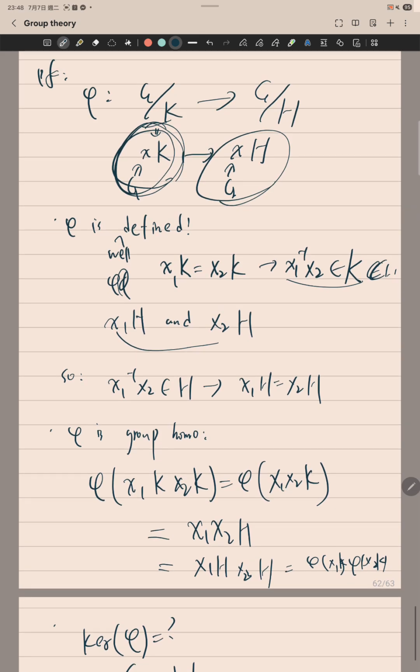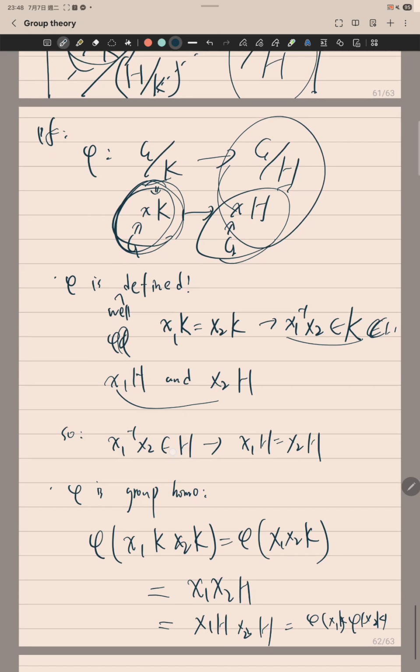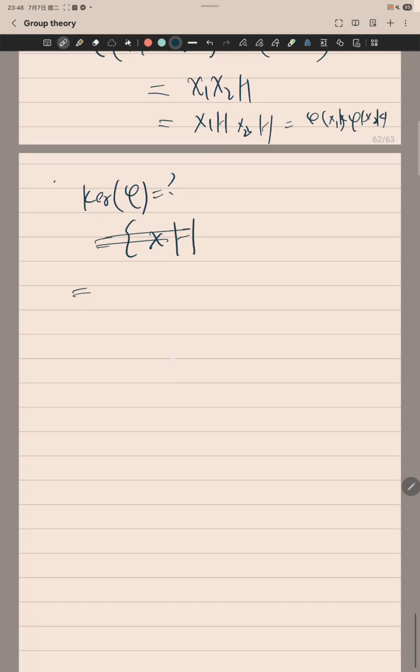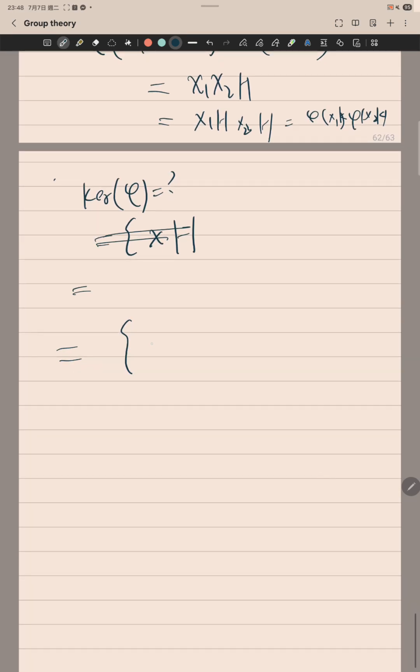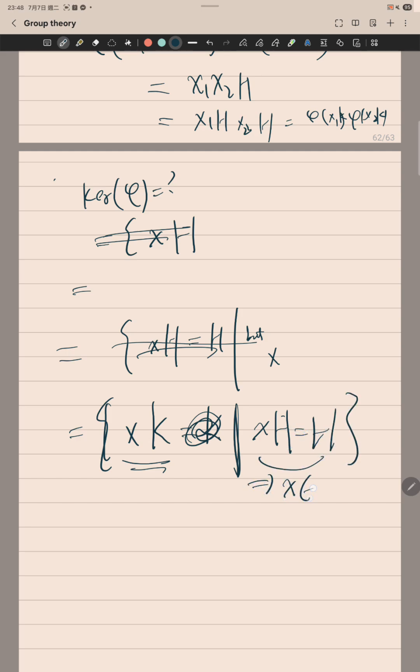The kernel is the set of x such that xH equals H, because the identity here is H. But the preimage is xK, so you're asking about elements xK where xH equals H. This condition just tells you that x belongs to H. So you are asking about x belonging to H, but written as xK.